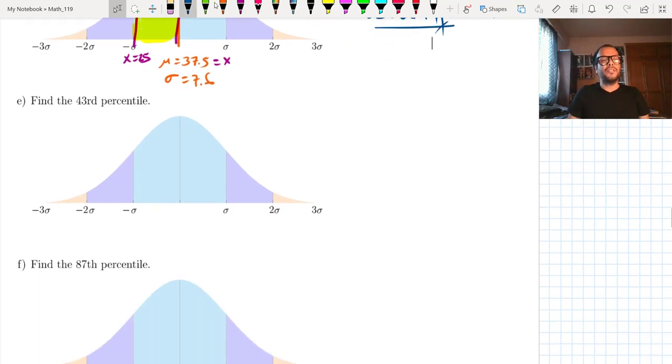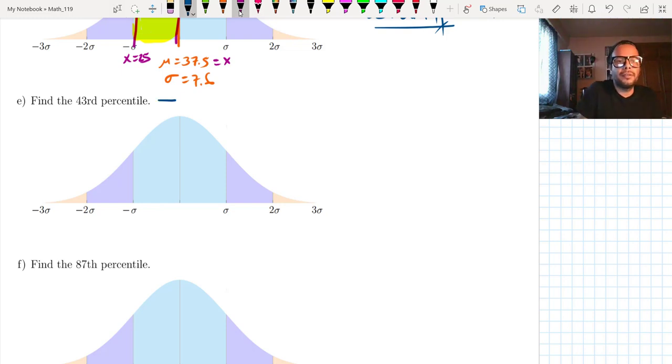Now we're going to look at a different type of question, find the 43rd percentile. So you might remember these percentiles and quartiles from chapter 3. So we are going to learn how to do this in the sense of a normal distribution. In this case, we are going to use a different command.